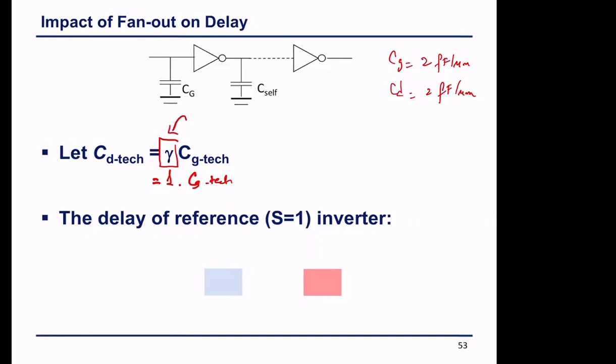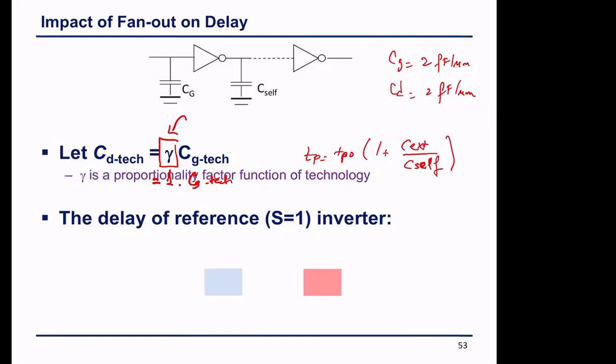Now we're going to look a little bit differently at the equation for the delay of the inverter. We started with TP equal to TP0 into 1 plus C external over C self. Now we will include the S, because we are considering the self capacitance as including the S. So let us see what we have here.